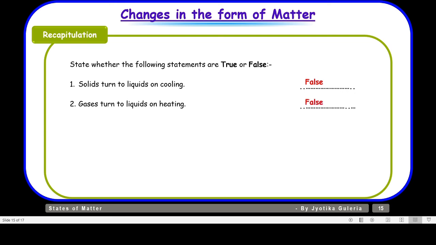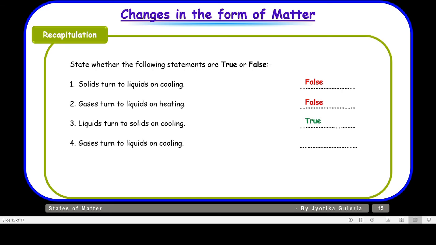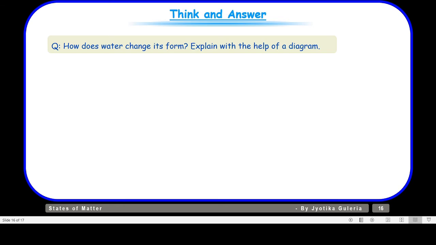That is again false, because gases turn to liquids on cooling, as in the cooling process the particles start coming closer to each other. Liquids turn to solids on cooling. That is true. Then gases turn to liquids on cooling. That is also true.